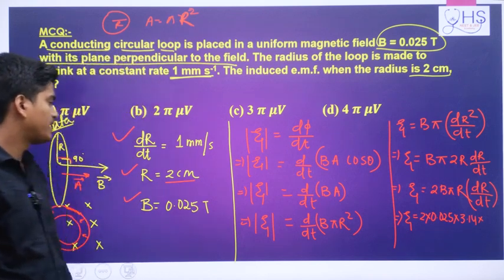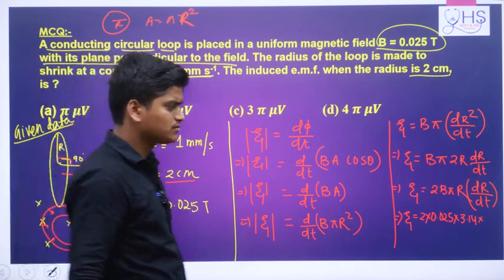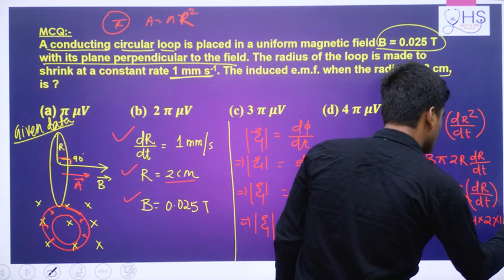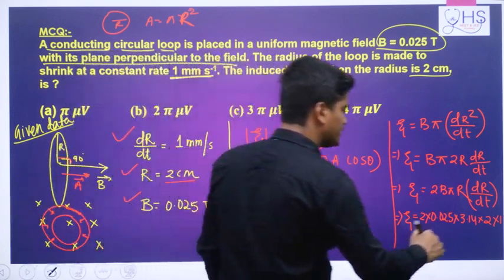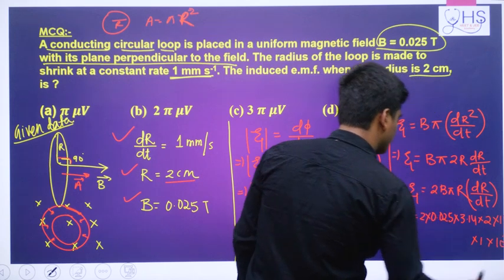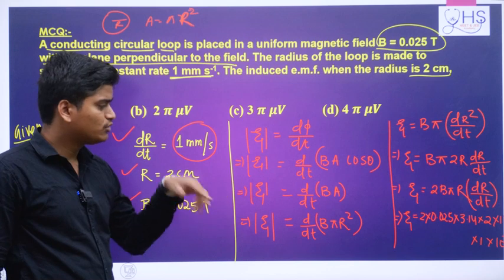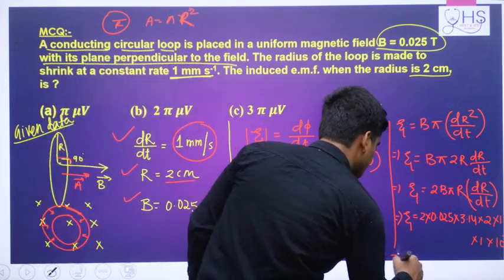There you have to take care, because all the options are given in microvolt. 2 centimeter is 2 into 10 to the power minus 2 meter. I am calculating everything in SI units. And 1 millimeter per second I can write as 10 to the power minus 3 meter per second. So now this is my EMF.